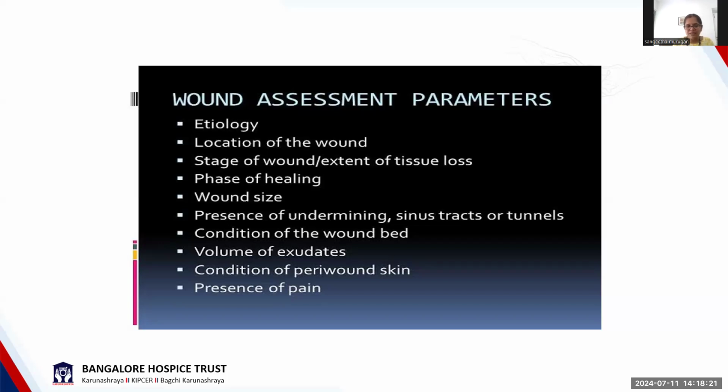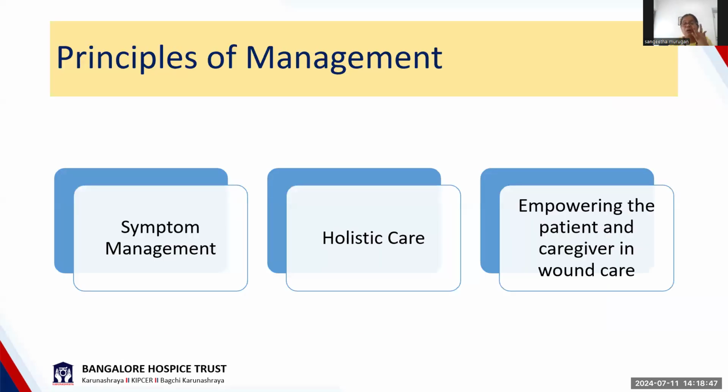Then the peri-wound skin, as I said, and the presence of pain, which is very important. Whenever you go for a dressing with the patient, first check whether the patient is in wound pain. If the patient is in pain and you start the dressing, the patient will not cooperate. Next time when they see you as a nurse, the patient will have a lot of fear or run away and not come to the hospital. So addressing pain before the dressing is very important.